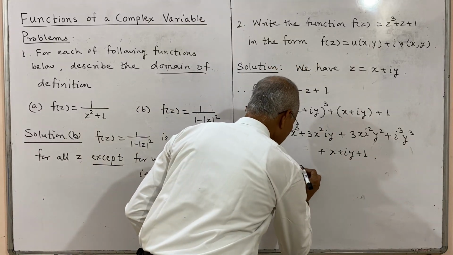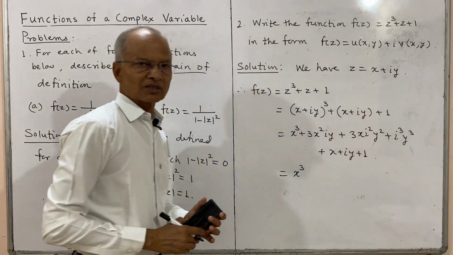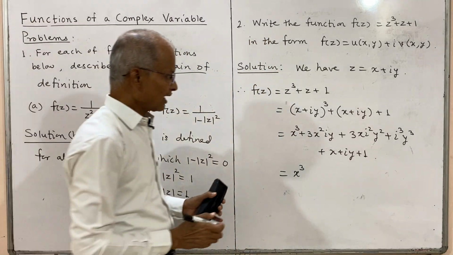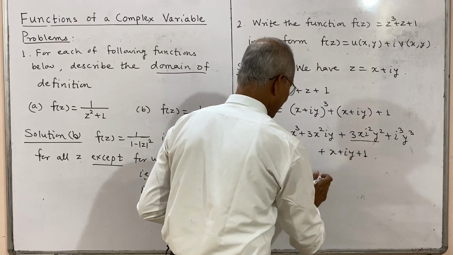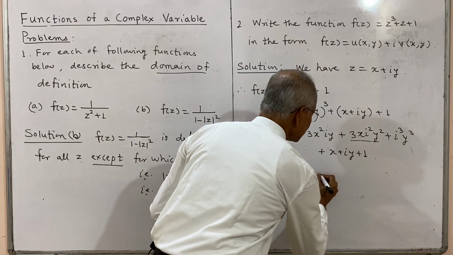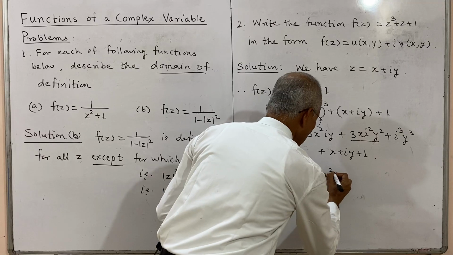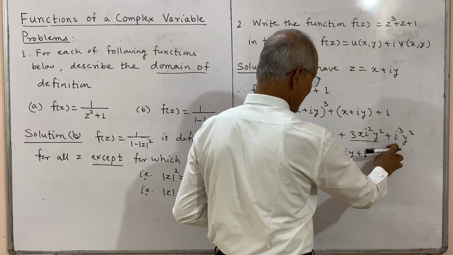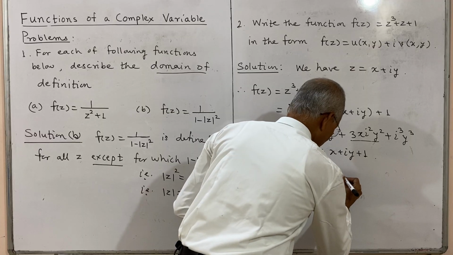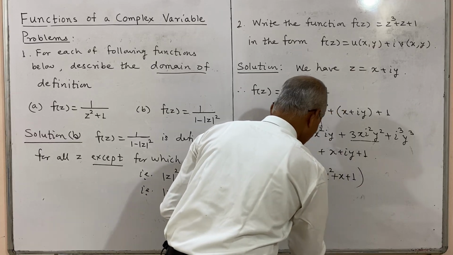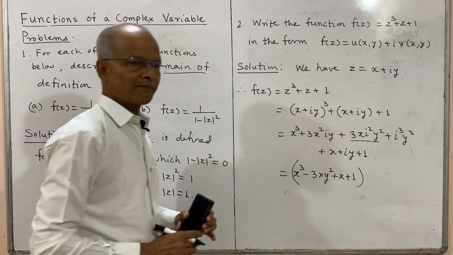This is x³, the part which does not contain i, and this is -3xy², and x and 1 are real numbers. So this is the real part.